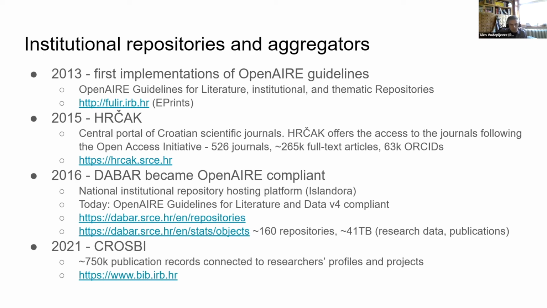So the first was the central portal of Croatian scientific journals, Hrčak, and today it offers hosting for 526 open access journals, and there are over 250,000 full text articles, and almost all authors have ORCIDs in that system. And this, as one central platform, is also compliant with OpenAIRE, and everything is harvested in OpenAIRE.